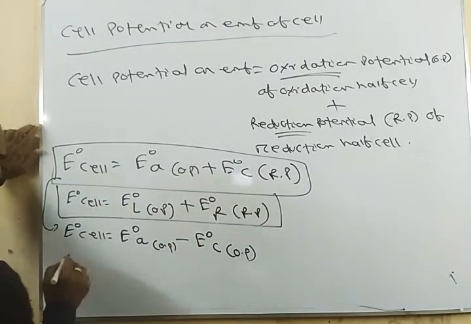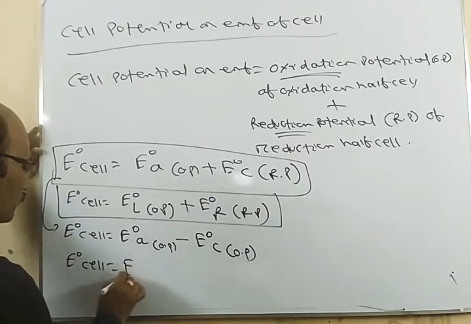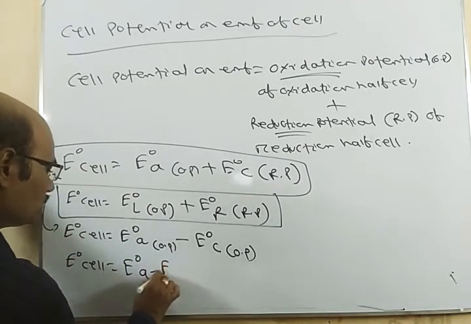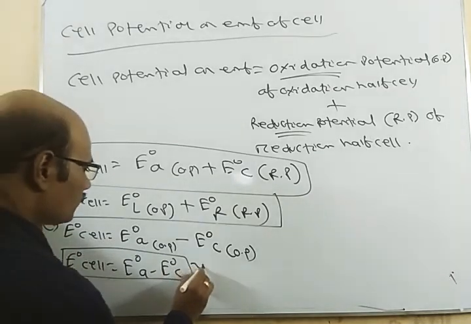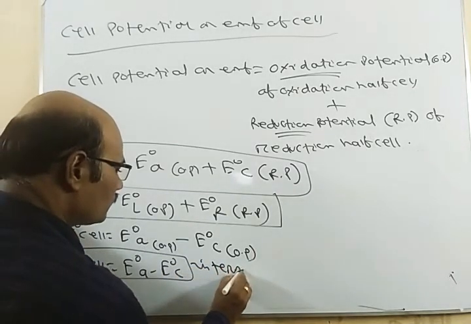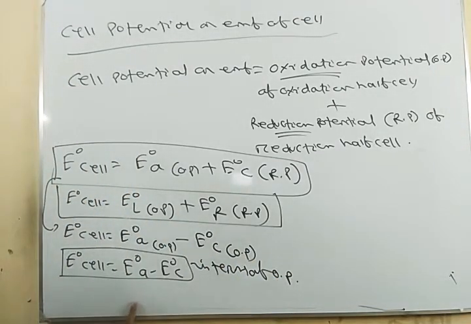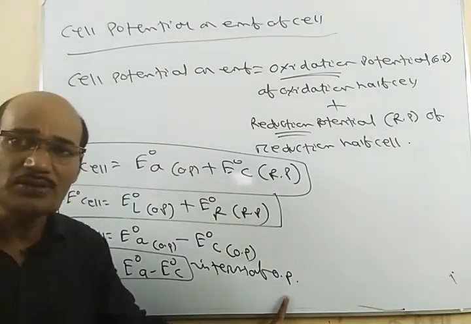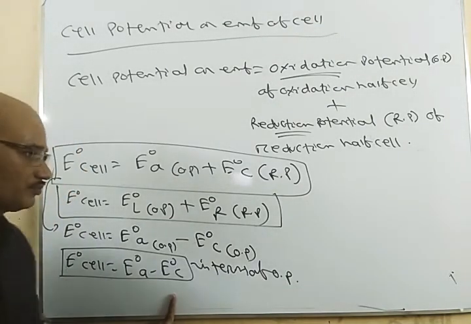So we can say E cell equals E anode minus E cathode in terms of oxidation potential.